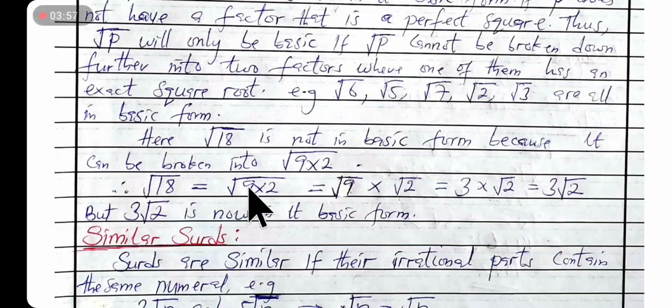So root of 9 times 2 is the same thing as root of 9 times root of 2. This is equal to the square root of 9, which is 3, times the square root of 2, which is irrational, so we leave it like that. So this answer is equal to 3 root 2. But 3 root 2 is now in its basic form.